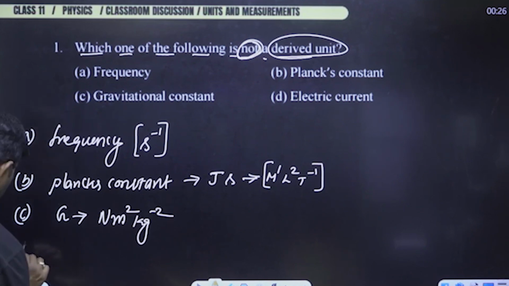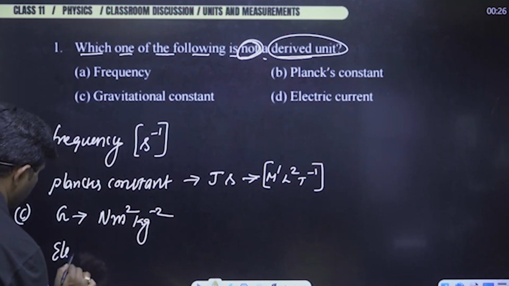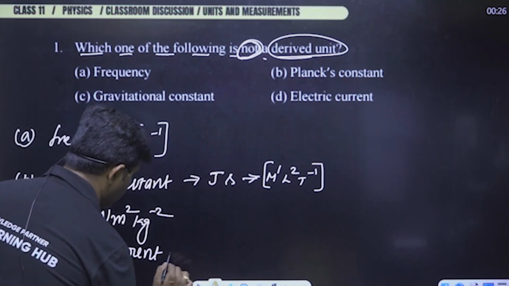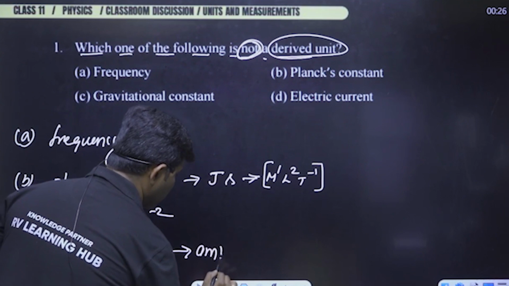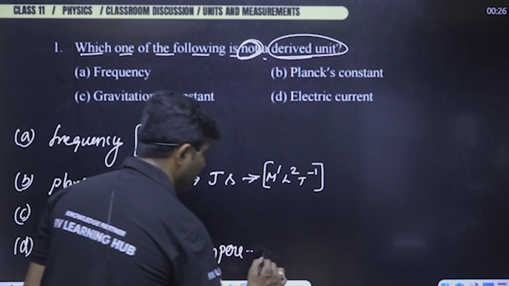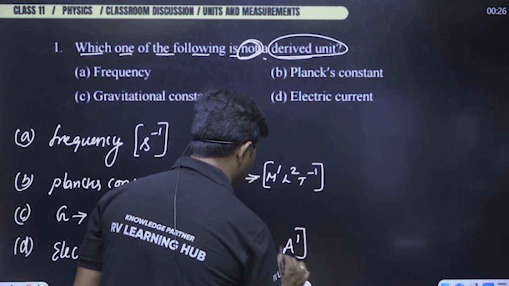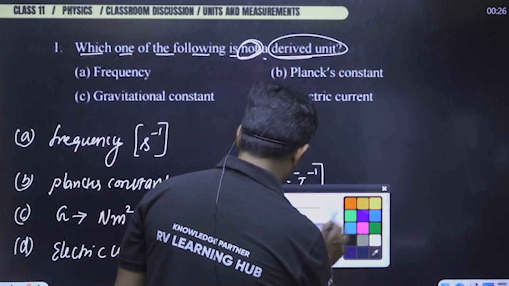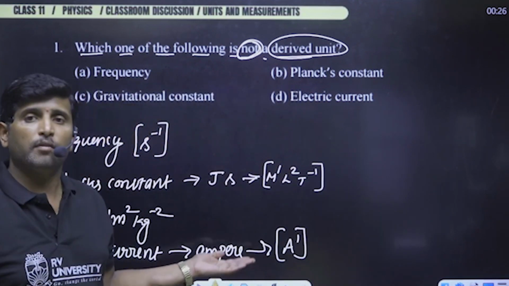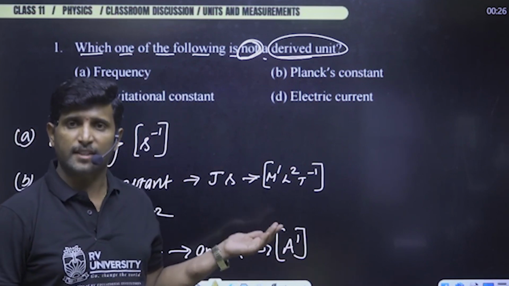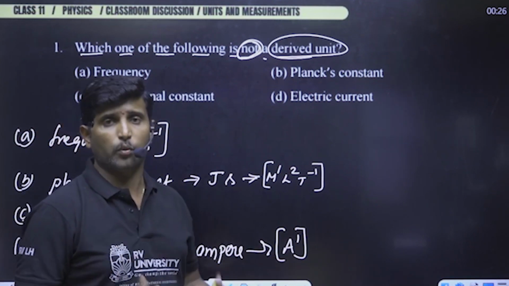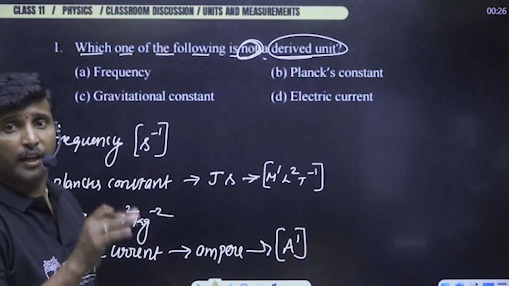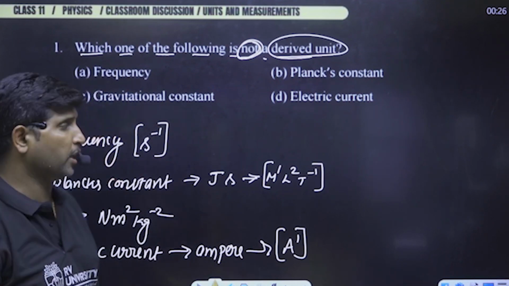And electric current is measured by the unit ampere, and A power 1 is the dimensional formula. From the fundamental units of the SI system we have studied that electric current is a fundamental unit, and it is not a derived unit.